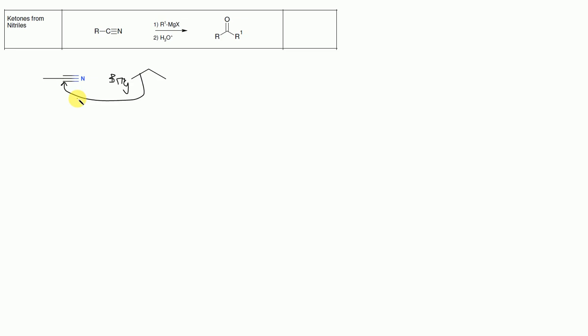As you've seen with other reactions we've done, whether it be classifying withdrawing groups or looking at the Diels-Alder reaction, we've seen the nitrile function as a withdrawing group. Just like all withdrawing groups, it has an electron-accepting structure.